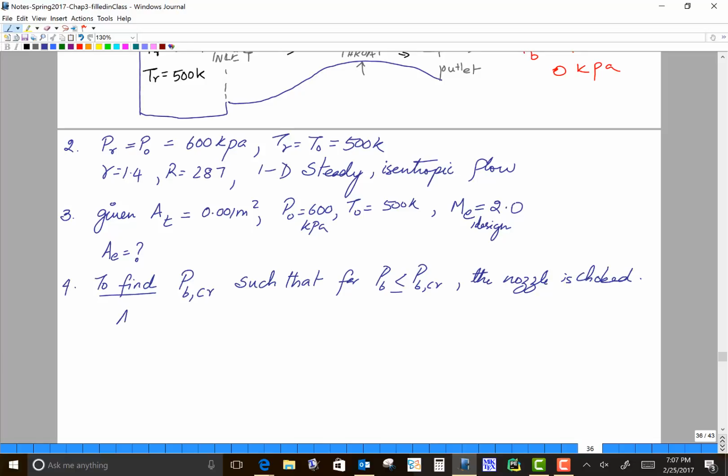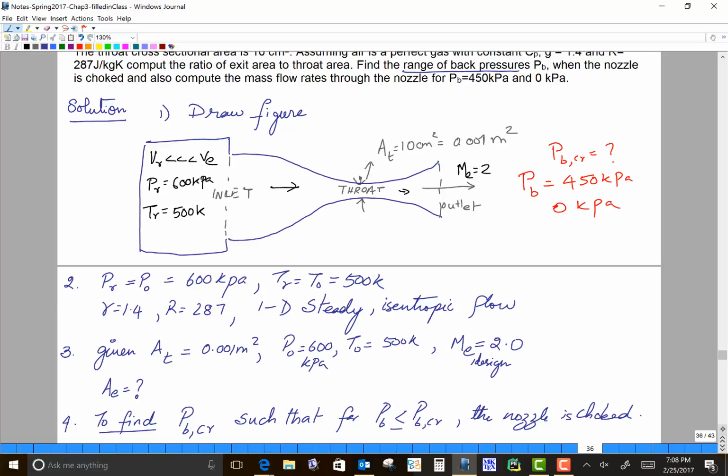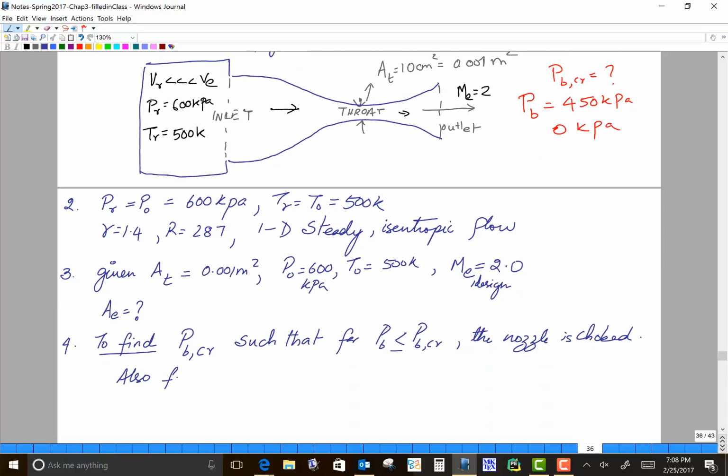Also find mass flow rate m dot for two values of back pressure. So 450 kilopascal and 0 kilopascal. This is obviously going to be the choked case, and this is choked or not, I don't know yet.